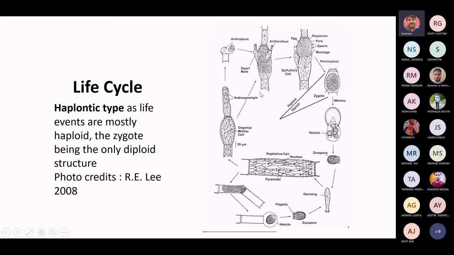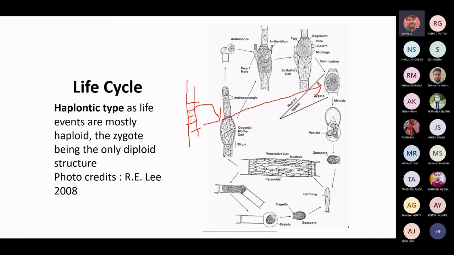दूसरा तरीका और भी हो सकता है कि this is the oogonium, and instead of producing this dwarf male, there is one more filament. I will show you here. There is one more filament which is having antherozoids, and these antherozoids will come out and get fertilized with this, and ultimately they will form the zygote.